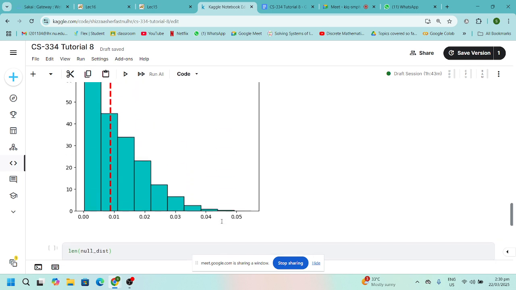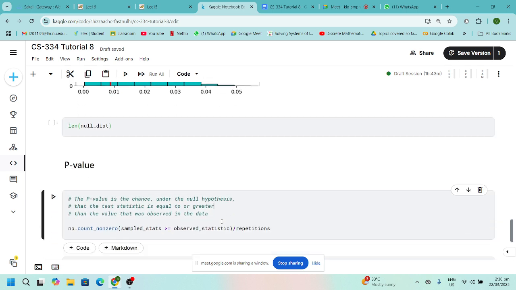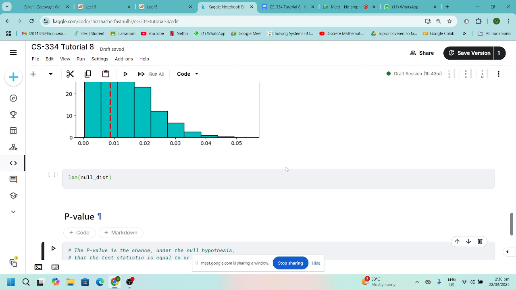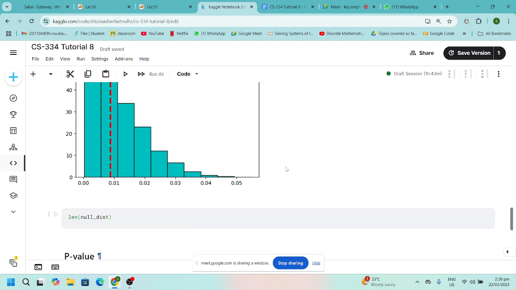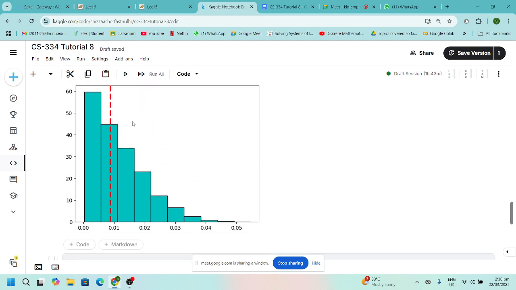So it's telling us, what are the chances that if the null hypothesis were true, if we knew Mendel's model worked, then what were the chances of observing the value that you observed or observing a value higher than that. Essentially that just means the area of the graph to the right side of your observed statistic.